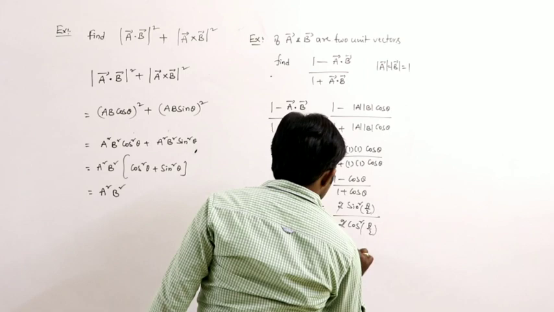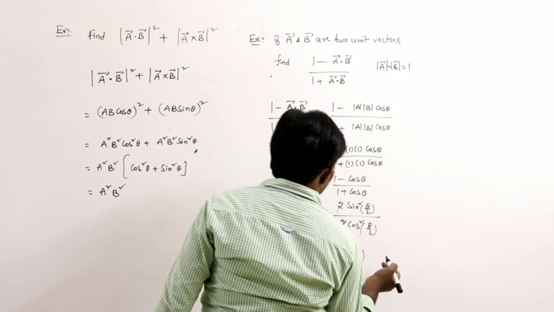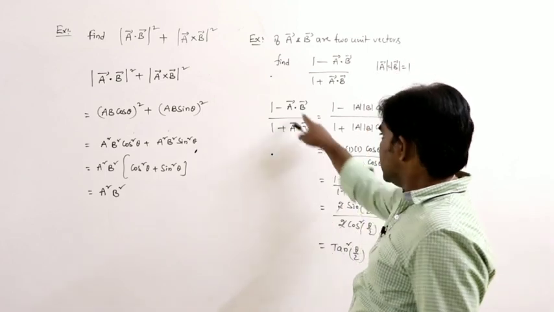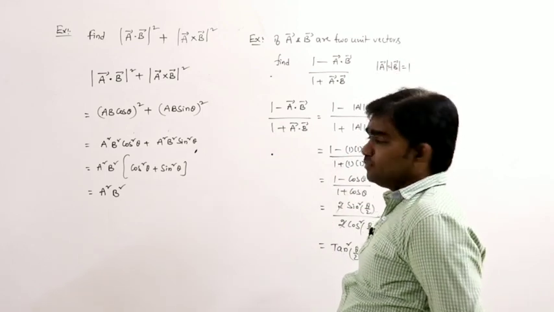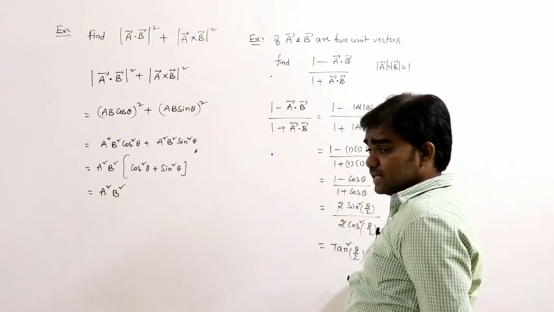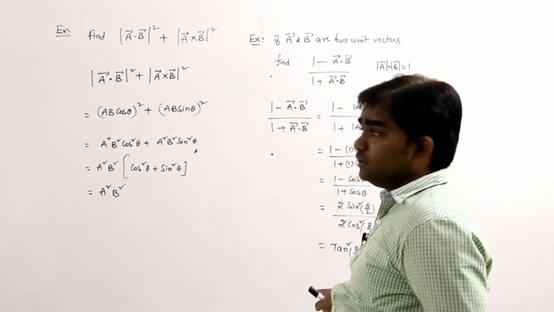So that is tan square theta by 2, where theta is the angle between a bar and b bar. So 1 minus a dot b by 1 plus a dot b is tan square theta by 2.